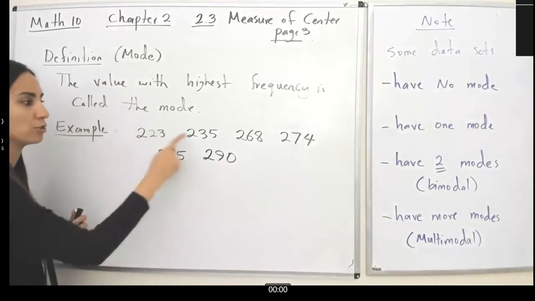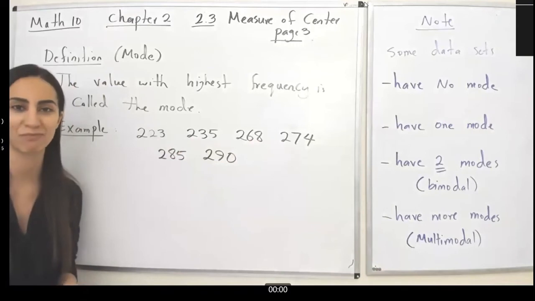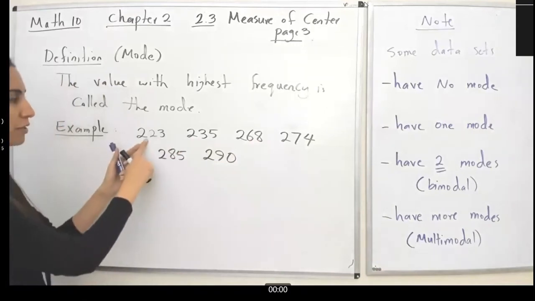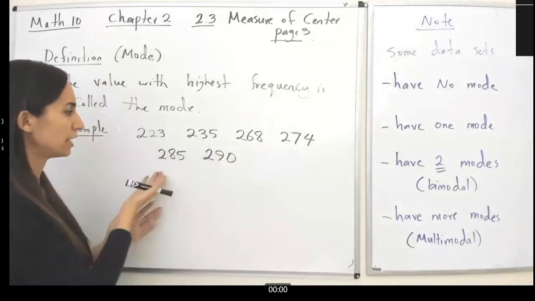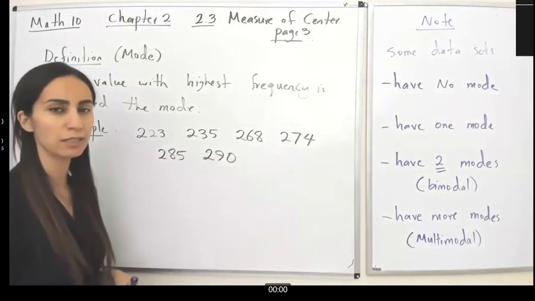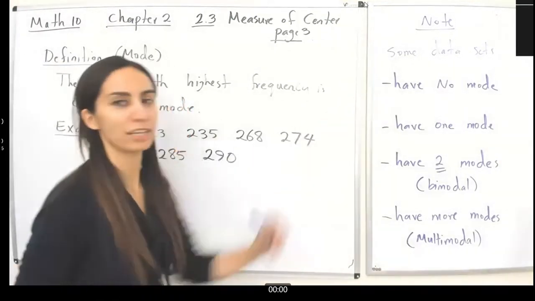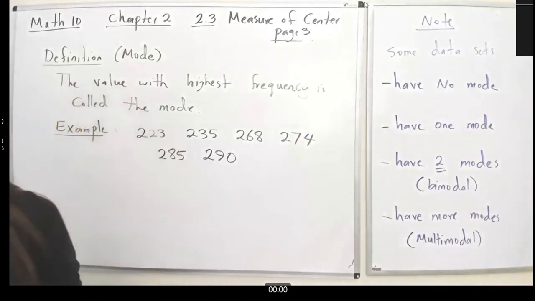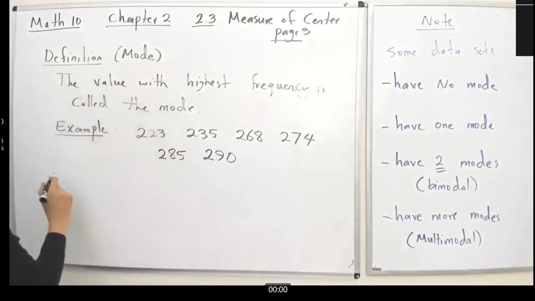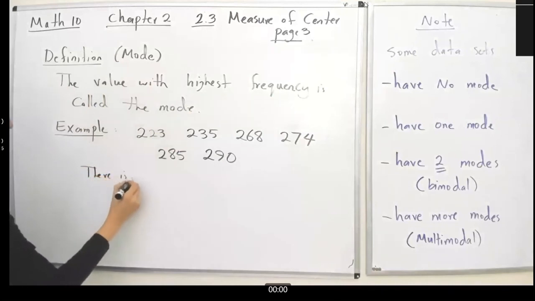Which value is repeated more than once? 223, 235, 268, 278, 285, 290. I don't see any mode. So some collections, some data, they don't have any mode. There is no mode.